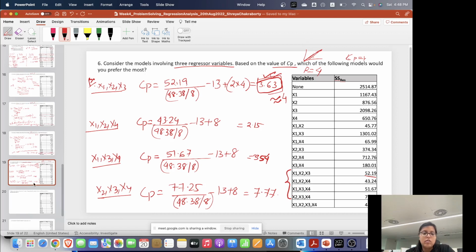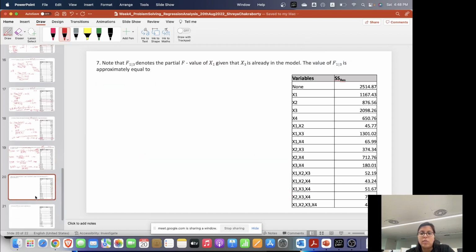Okay, so the next problem I'll move on to. Here I'll just read the question. F1 given 3 denotes a partial F value. F value means the F value from the F statistic.